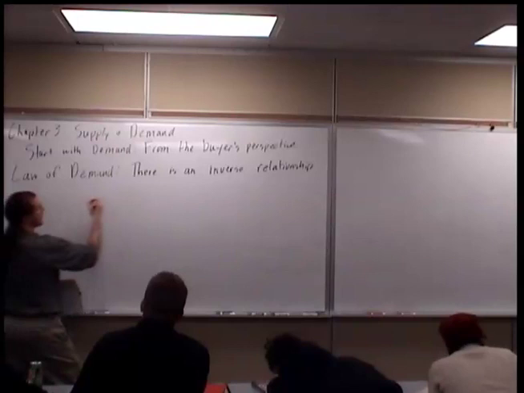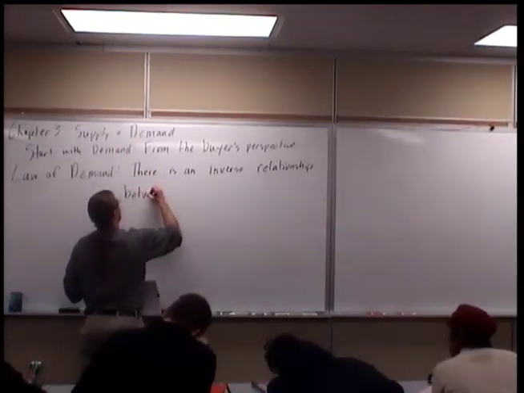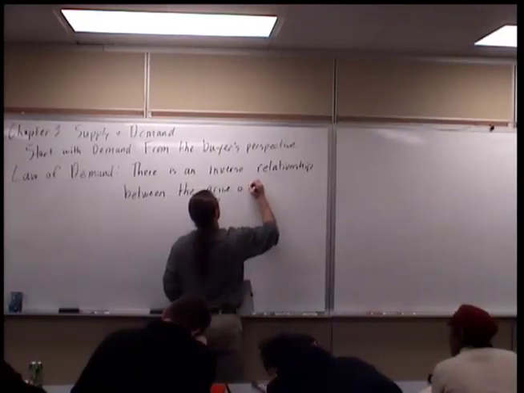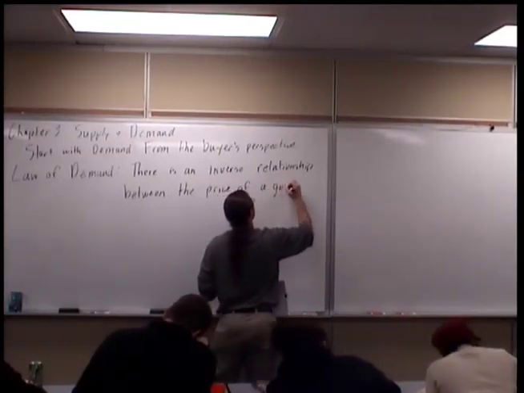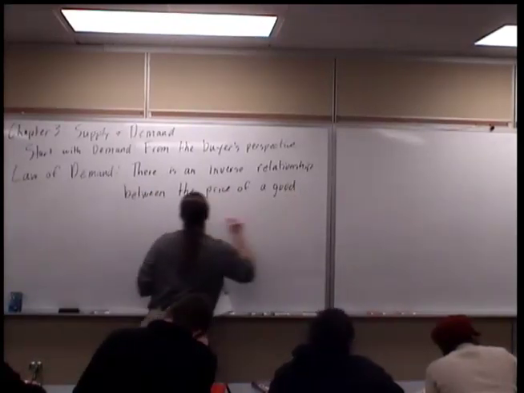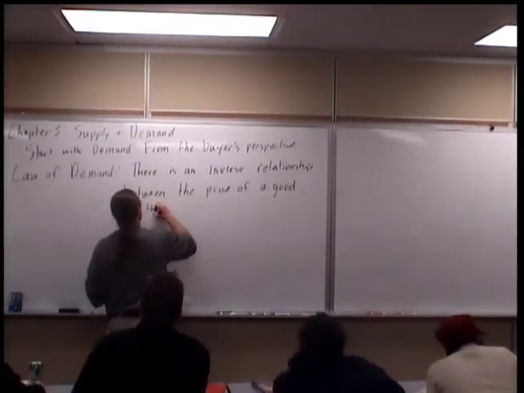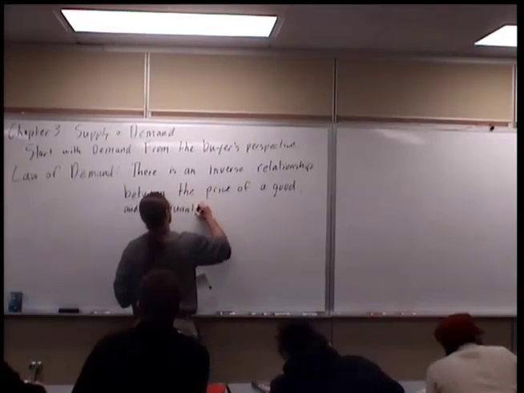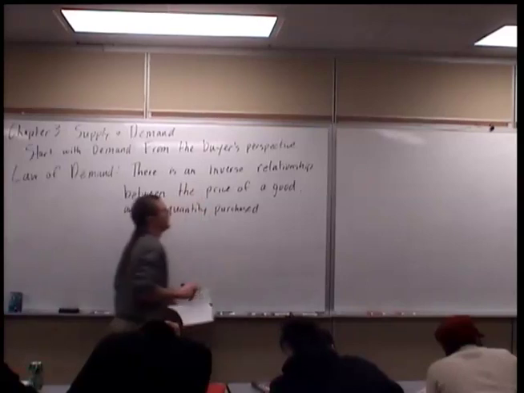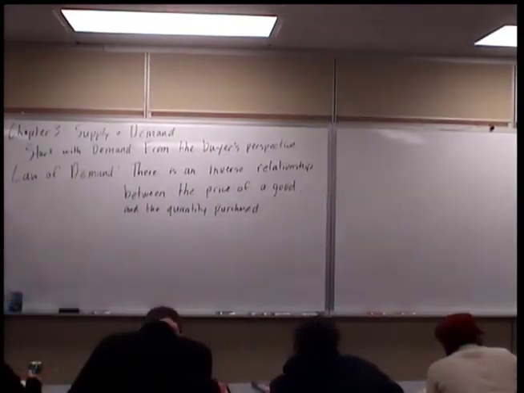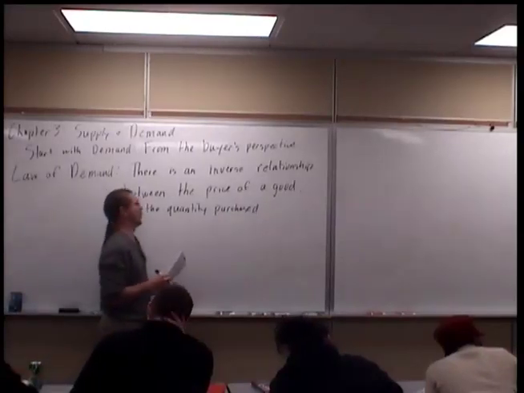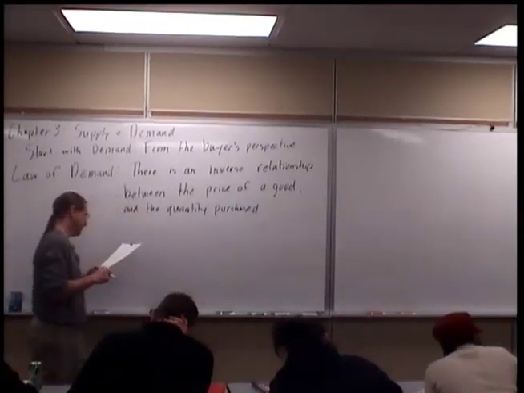So the two variables that we were working with are going to be price and quantity. I'll write them out in their long forms first, right? The price of a good and the quantity purchased of that good.